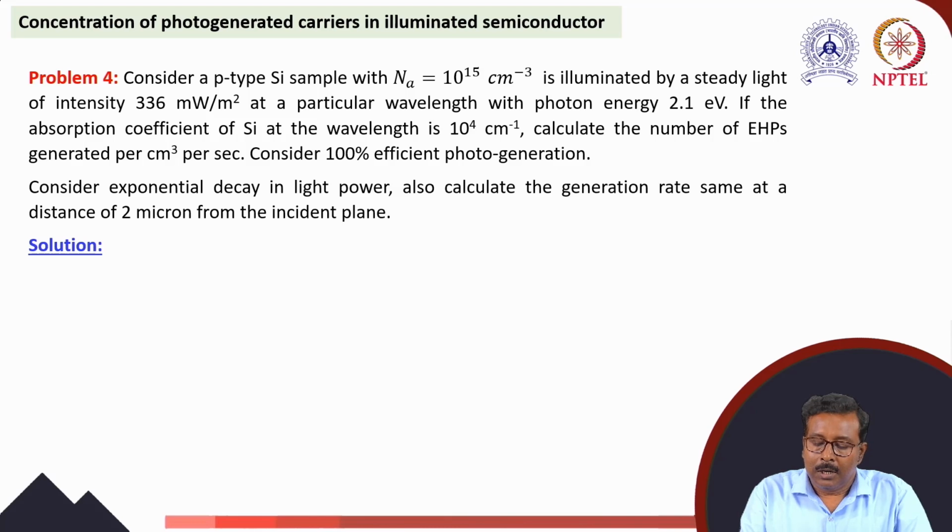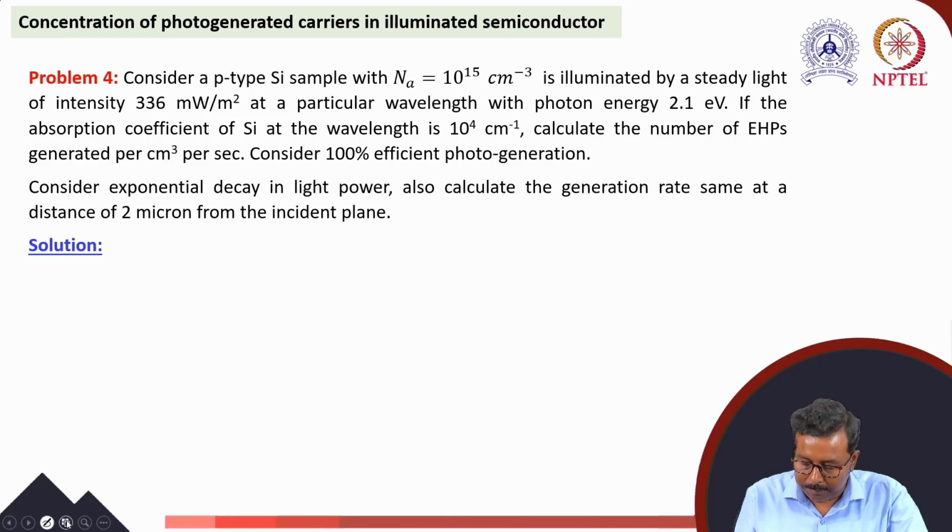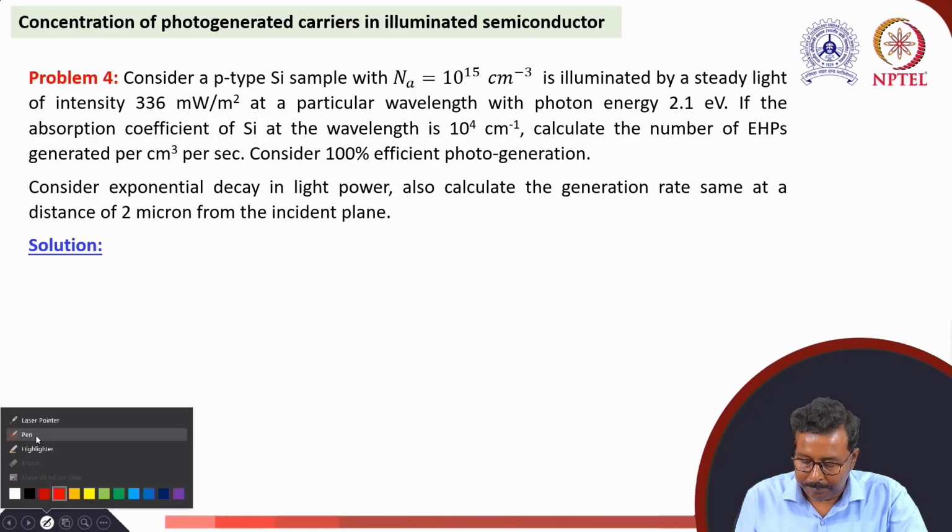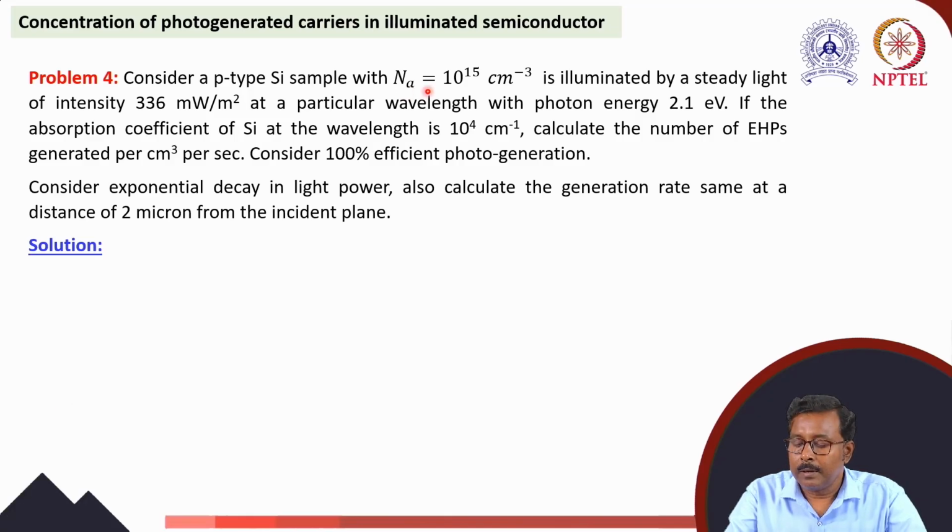So the problem is, consider a p-type silicon sample with Na is 10 to the power 15 per centimeter cube, which is illuminated by a steady state light of intensity 336 milliwatt per meter square at a particular wavelength with photon energy say 2.1 electron volt.